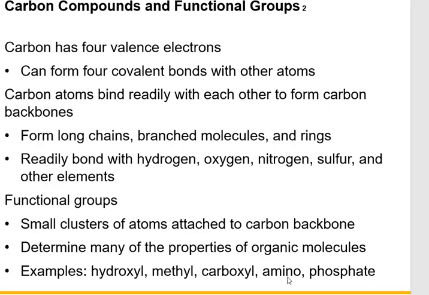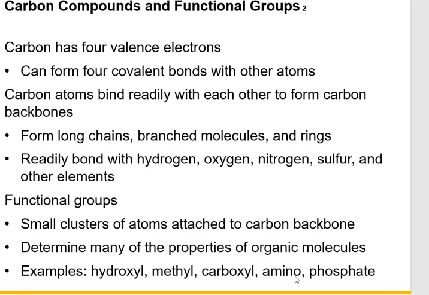So it's kind of like a clique. It's like if you're going, I'm going. The amino group is a nitrogen with hydrogens, and a phosphate is phosphorus with oxygens attached to it. So we're going to talk about the phosphate group when we talk about ATP. We're going to talk about it when we talk about the phospholipid bilayer that makes up the cell membrane.